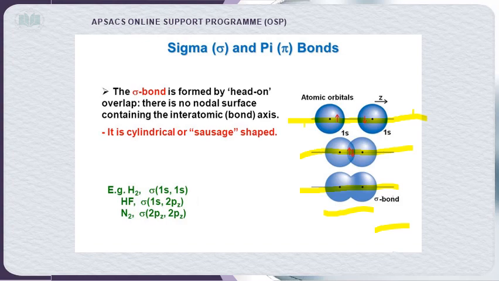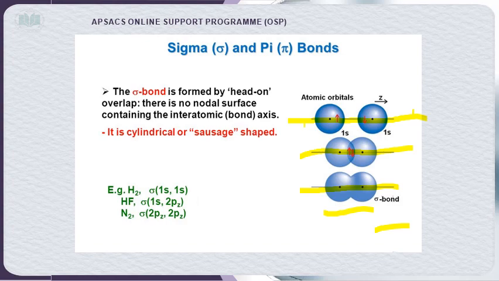For example, consider these two orbitals as the orbitals of hydrogen. Hydrogen orbitals, as I told you earlier, have the configuration 1s1. When the two orbitals join by the 1s overlap, each holding one electron in the orbital, they will form a sigma bond as their linear overlap takes place on the joining axis.